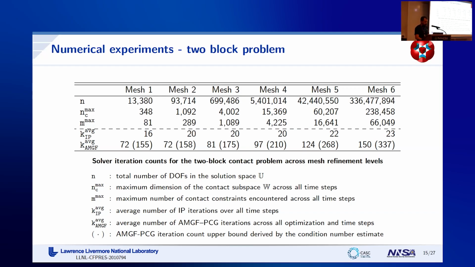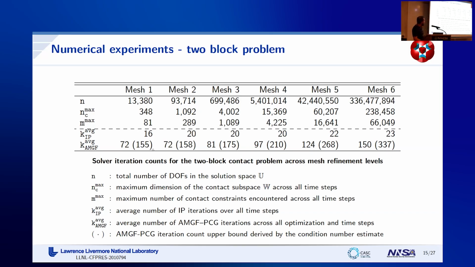So for example, this is solved 16 times for the time steps: 2 time steps times 16 optimization steps. And the average is 72. The average goes from 72 to 150 over 5 refinements. I think this is expected growth because we also grow the number of processors with AMG. It has some growth because of the smoother change and so on.